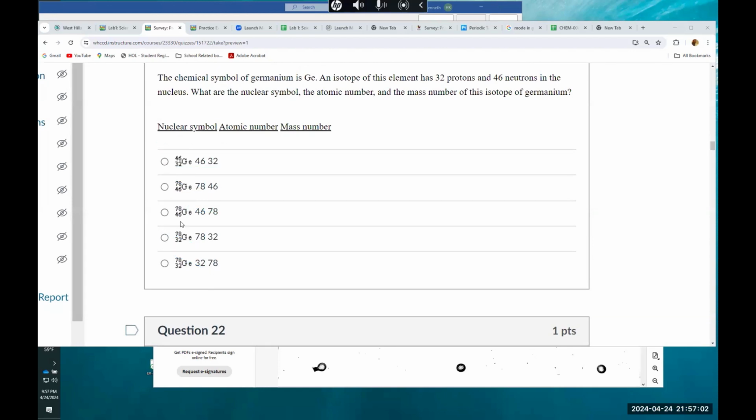Okay. So the chemical symbol for germanium is Ge. The isotope of this element has 32 protons, 46 neutrons in the nucleus. What is the nuclear symbol, atomic number, and the mass number of this isotope of germanium?